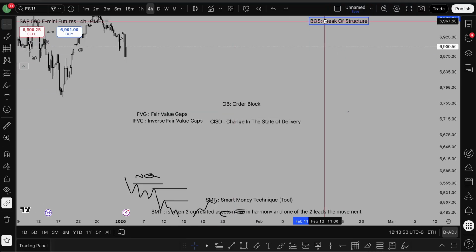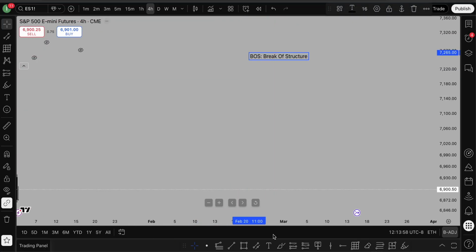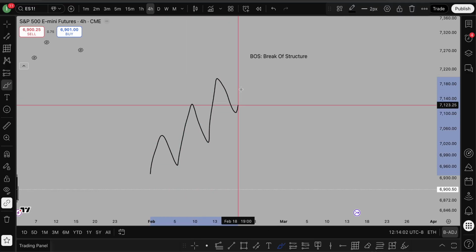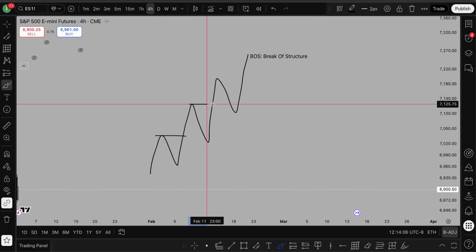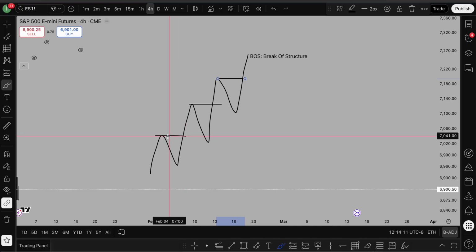Okay, let's go over break of structure. So a break of structure is when we cross through and break through the current level that we had.